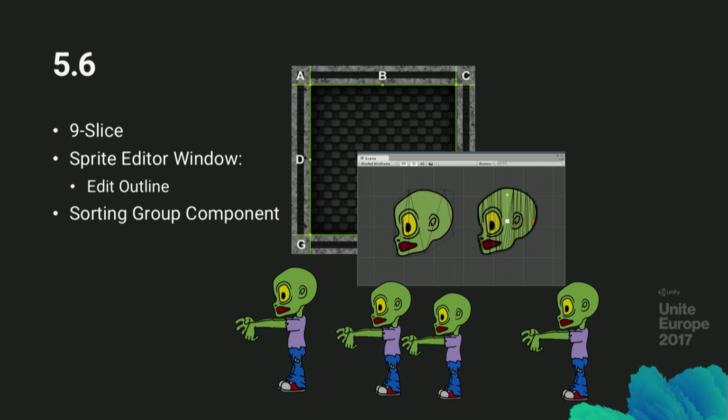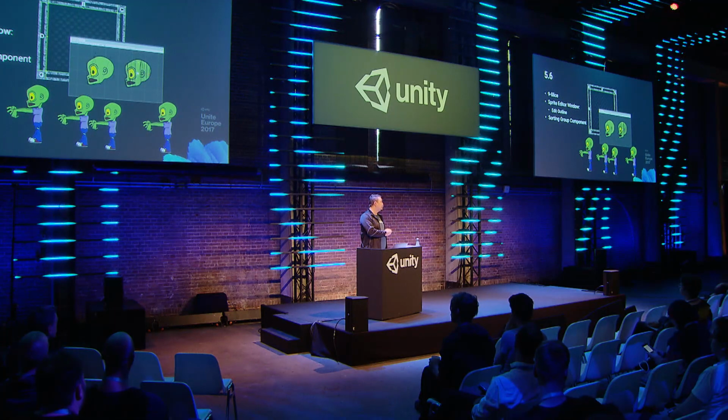A big part of the 5.6 release was sorting. So we actually have different ways that you can sort things. We had the sorting group component, which allows you to alter the order in which the sprite renderers do their rendering. This is really important. If you have a bunch of renderers together and you want them always to be rendered in order, you want to add them all to a sorting group.